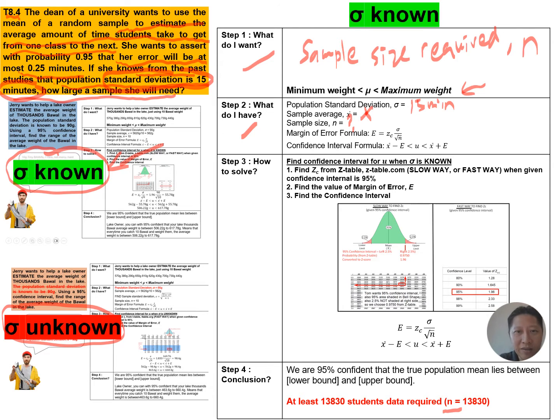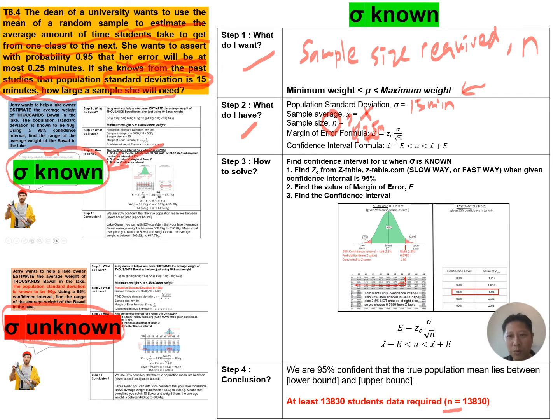The margin of error E was given, stated here. The error will be 0.25, so E is 0.25 minutes. And then we're going to find our N later on.